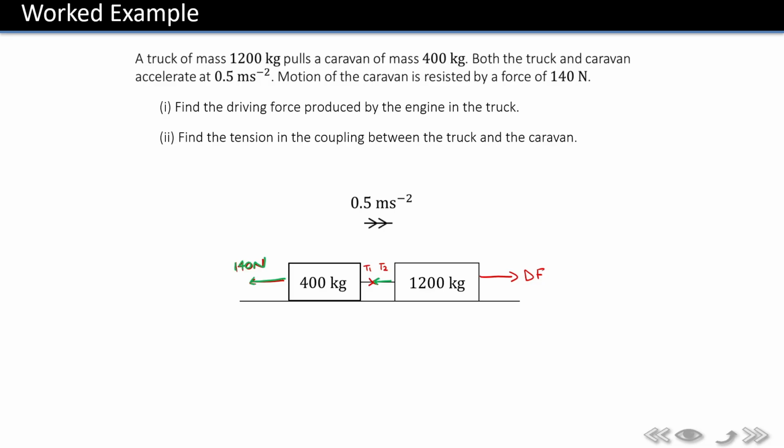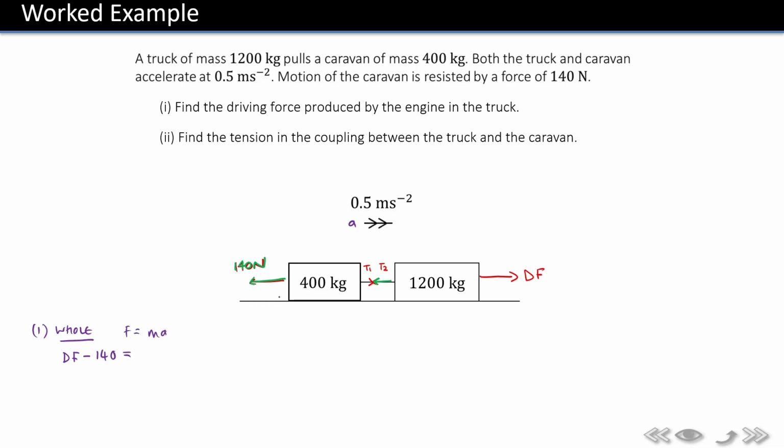From this, once we've fully labelled this up, we can look at it as the whole system. So for part 1, if we look at it as a whole, we've got our driving force, which is what the question is asking us to find, and that's going in the same direction as A, so that's why it's going first, minus the opposing force, which is 140 newtons, and that is equal to mass times A, so it equals MA.